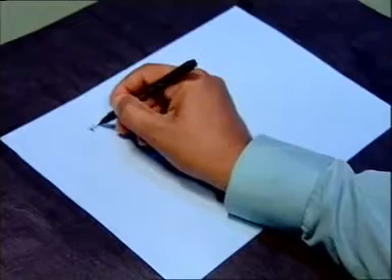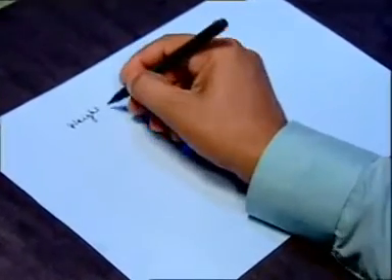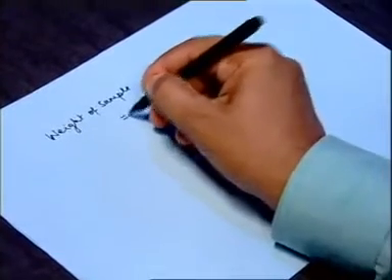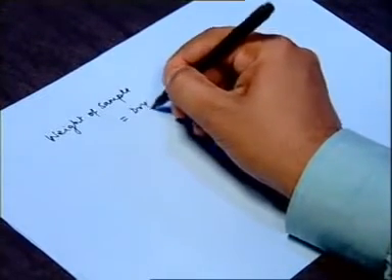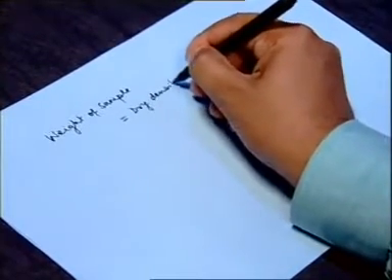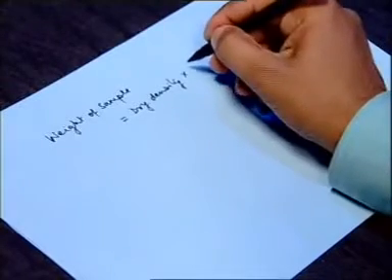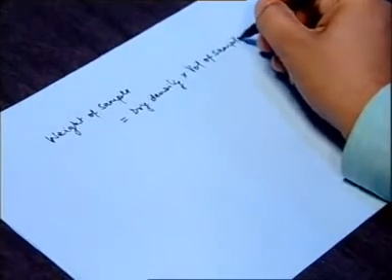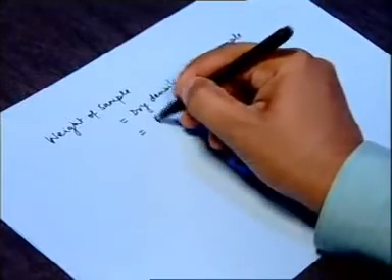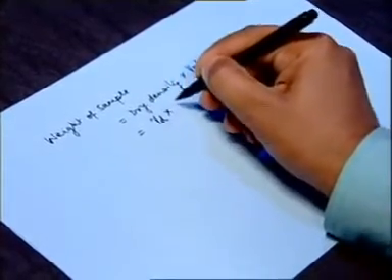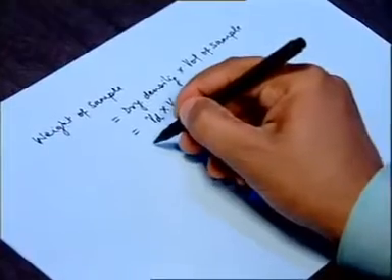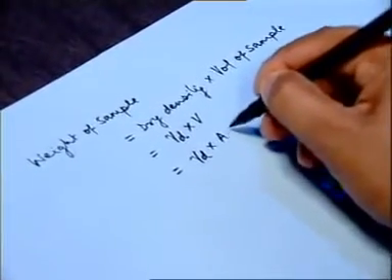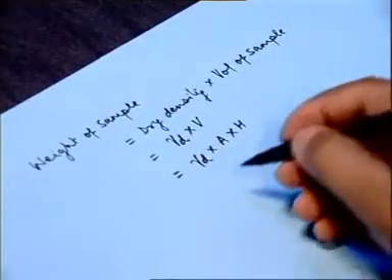Weight of sample is equal to dry density multiplied by volume of sample, that is equal to gamma d into V, that is equal to gamma d into area into height.